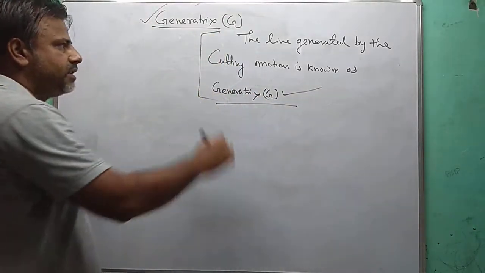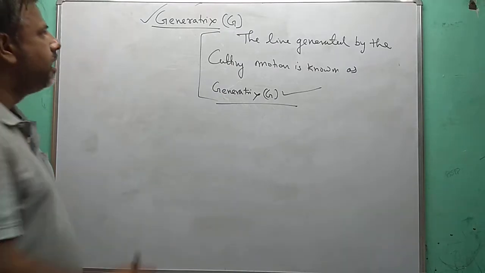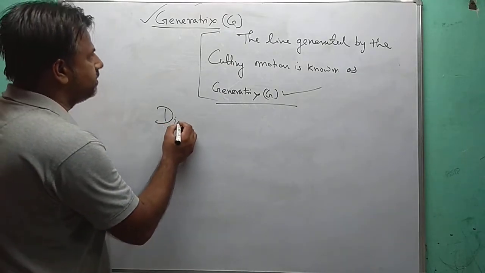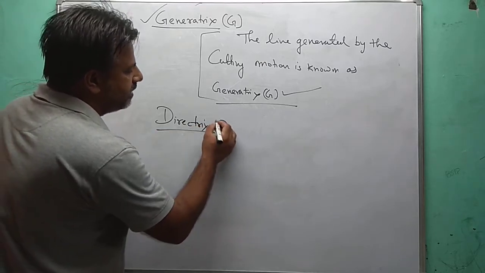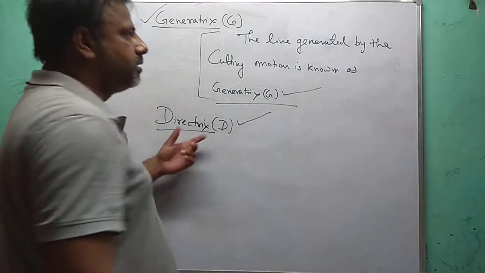So the line generated by the cutting motion is known as the generatrix, and the second term is the directrix.